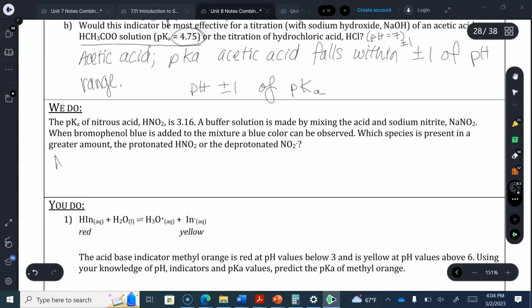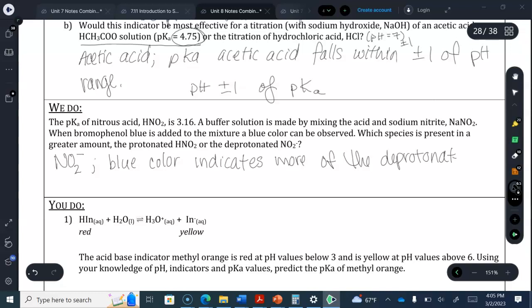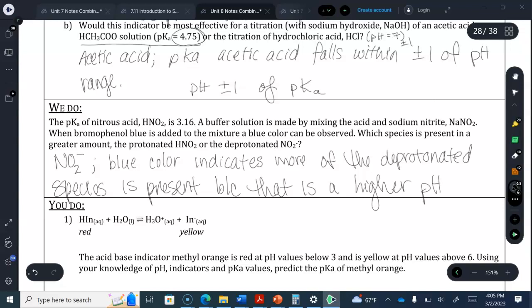So that means the deprotonated version, or NO2 minus, and this is because the blue color indicates more of the deprotonated species is present, because that is a higher pH and thus less acidic. Okay, so the protons have been accepted by something.